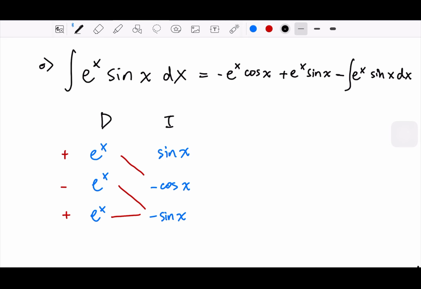So the cross multiplication along the diagonal gives these terms, and for the horizontal multiplication, you still need to write the integral.